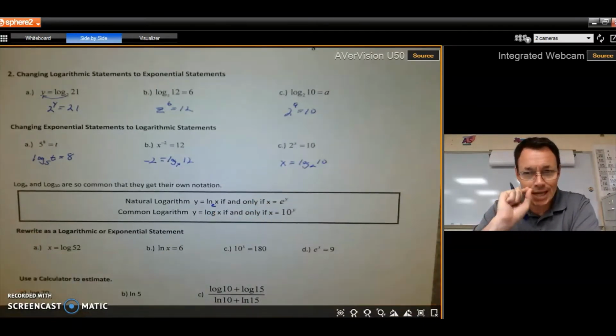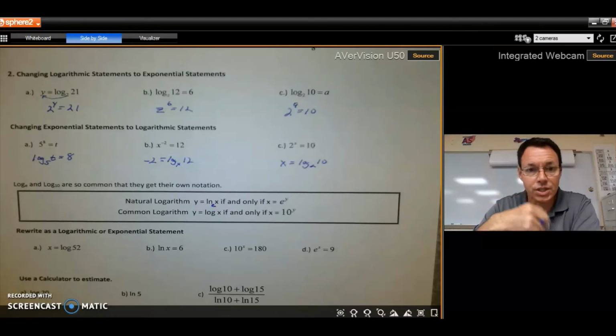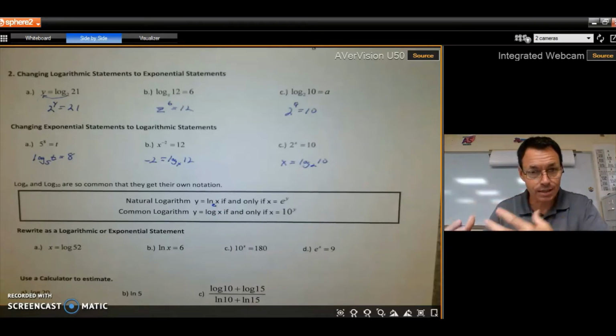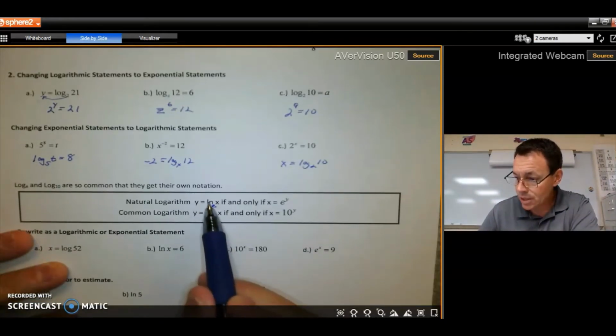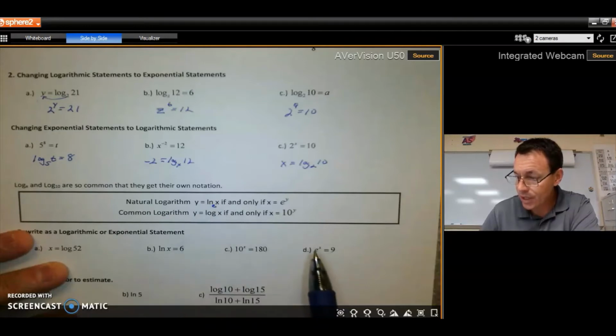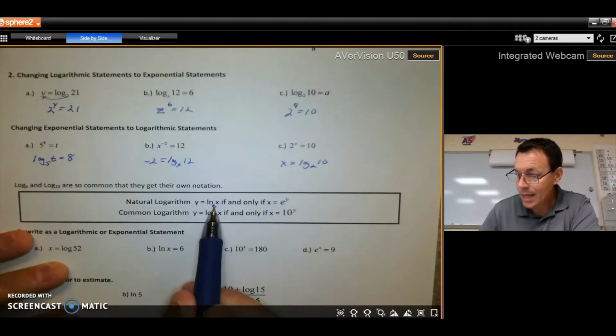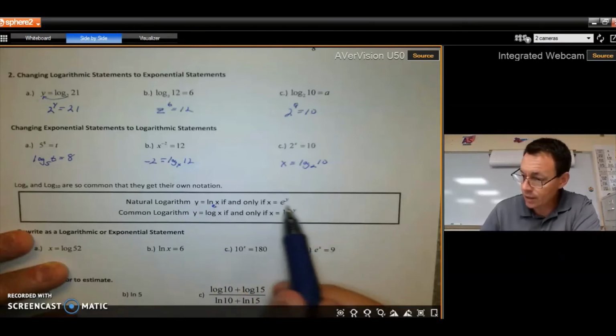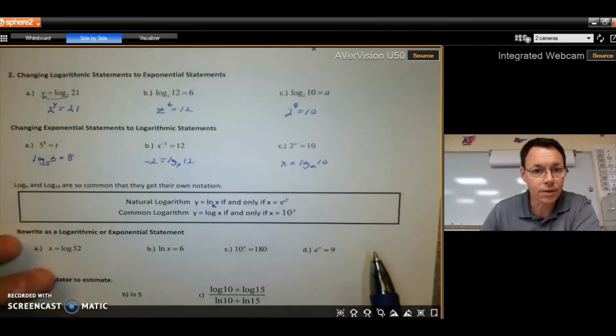So whenever you see natural log, it is a base e. They are not going to write that e there. That's just understood. If you want to write it, just so you see it and you're more comfortable with it, that is fine. But y equals the natural log of x if and only if e to the y power equals that x value right there. So x equals e to the y power.